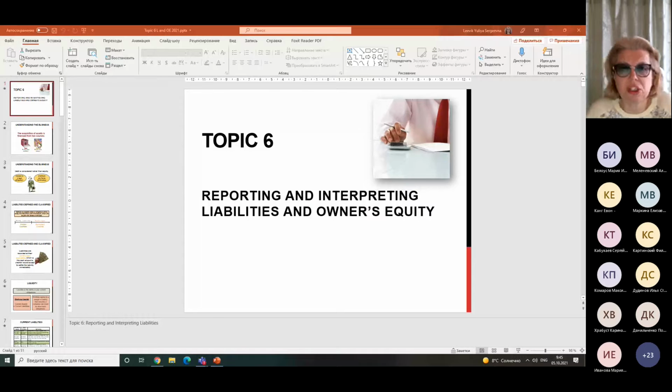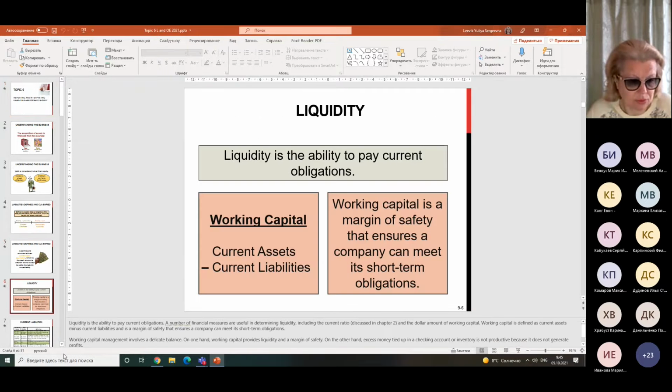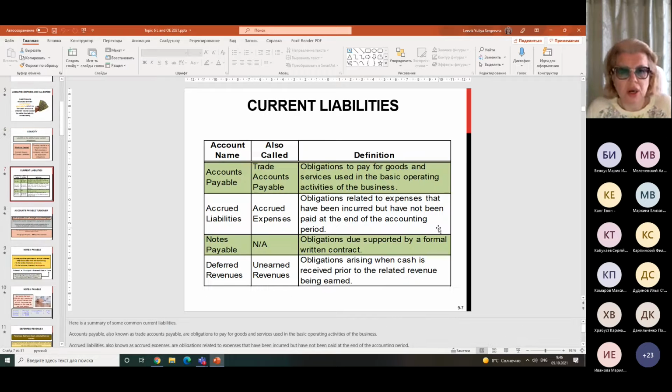So today this presentation will be available in the system. So first of all, current liabilities. Once again, I would like to comment on the classification.